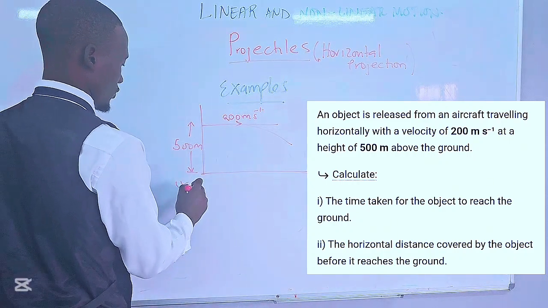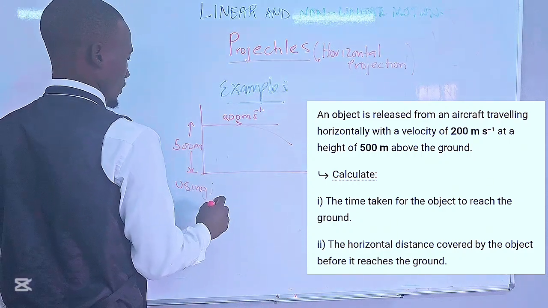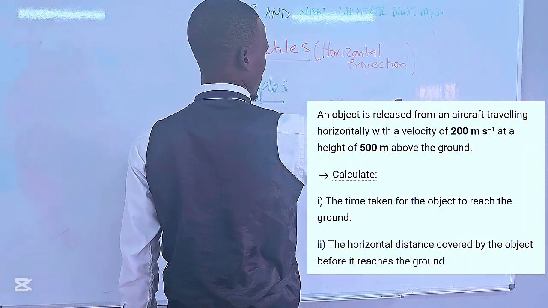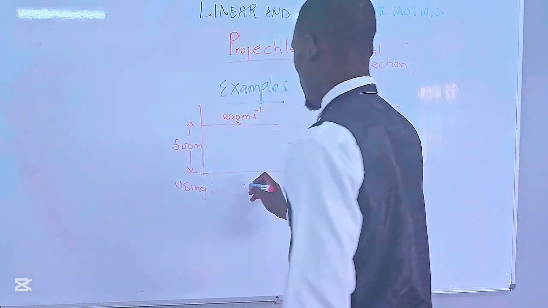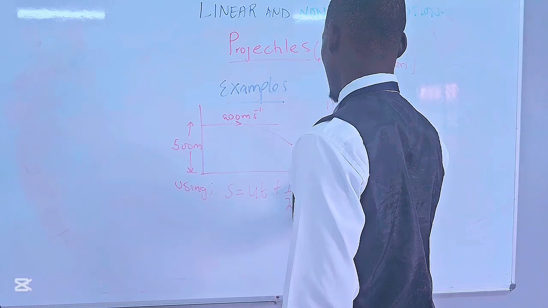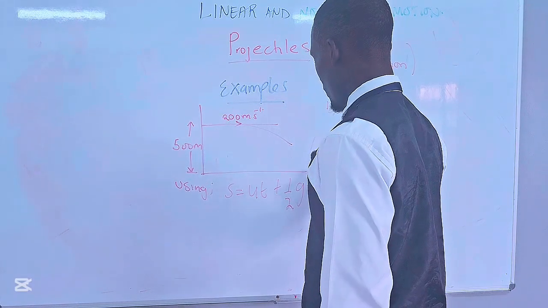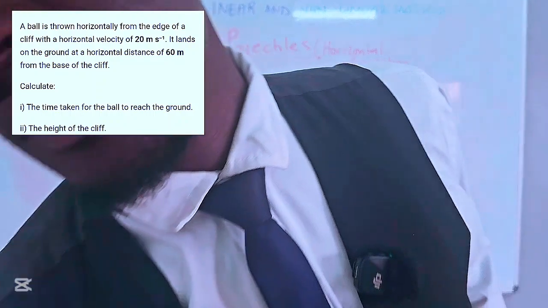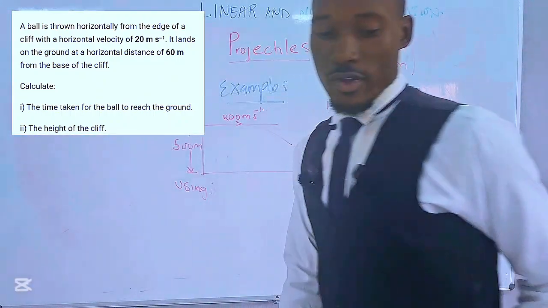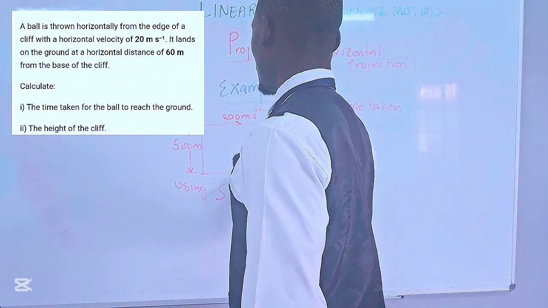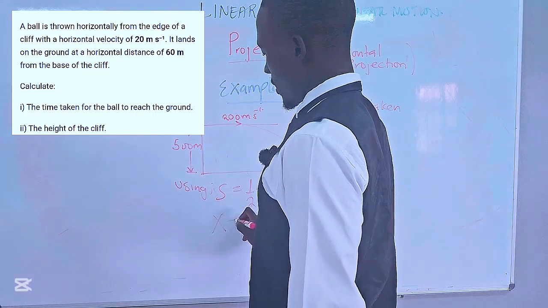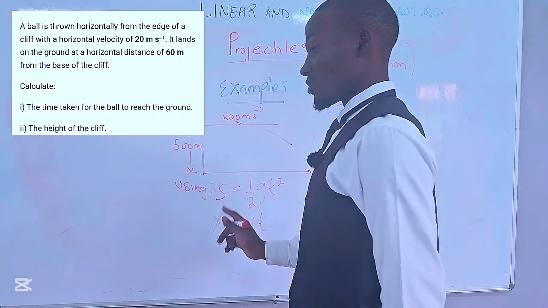So we have two equations we are always using, and if they are asking us for the time taken to reach the ground, we are likely to use this equation, ½gt², like you've seen in example 1, and we are also going to be using any of these equations.